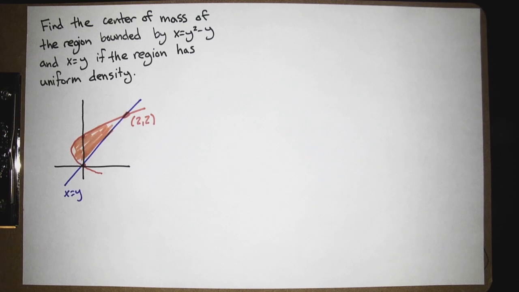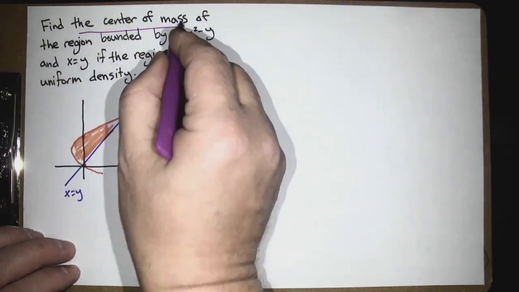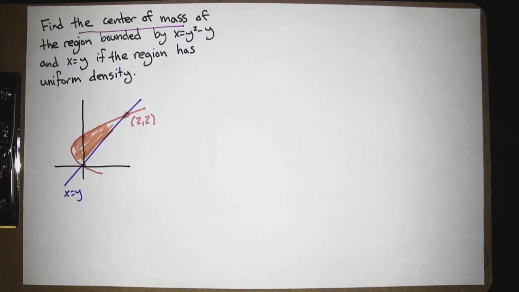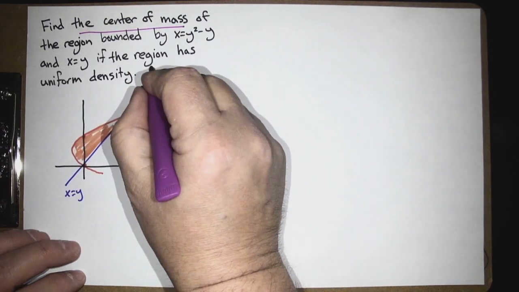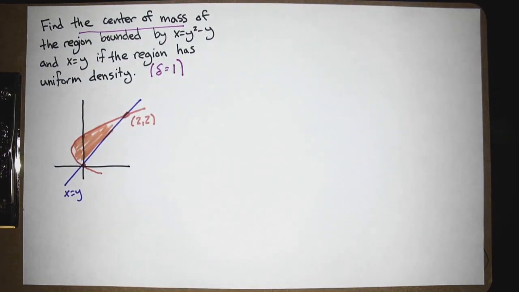No. So for simplicity, if you're only after the center of mass, and by the way, we are, I should have pointed out, it tells us to find the center of mass, when we say uniform density, we can just say, aha, let's choose a simple density, and the simplest density is 1.